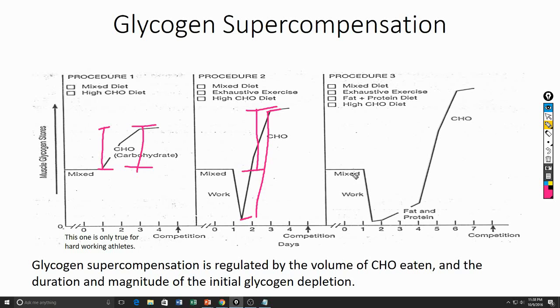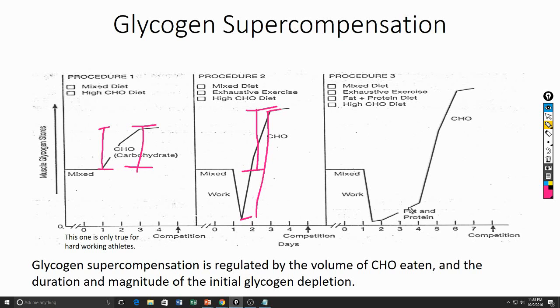In the third procedure, they fed them a mixed diet, worked them, but did not feed them carbohydrates until 4 days later. In doing so, glycogen levels stayed suppressed because they're only eating fats and protein.